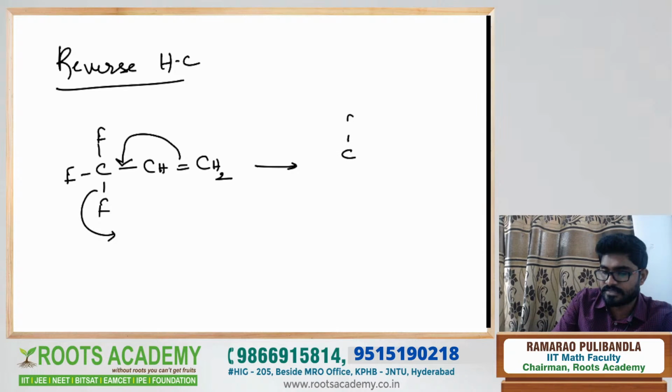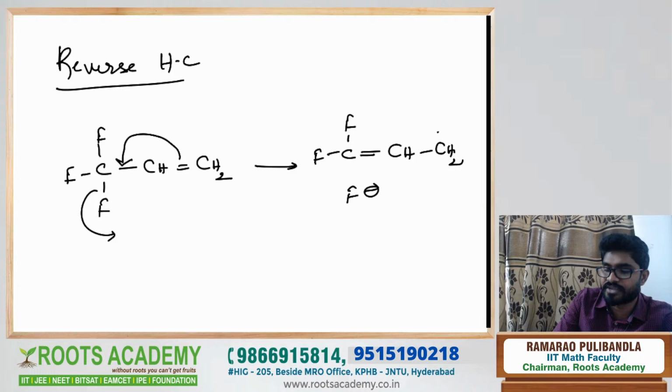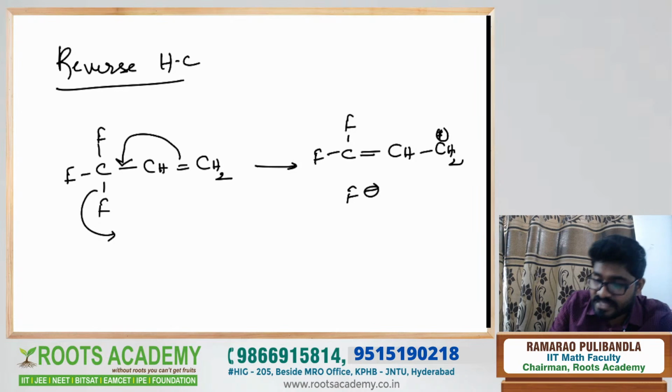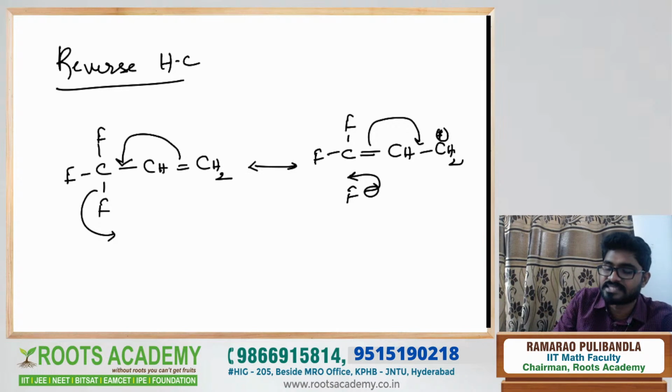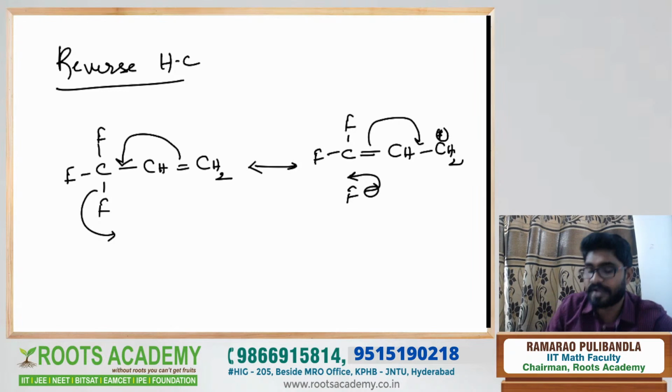So now it is becoming CF2 and F, it's becoming F minus, and here it is forming the double bond, CH2 plus. This is what we can get. Now again these electrons are coming back, these electrons are taken by that, we'll get back this structure again. So this is called reverse hyperconjugation because it has to give the electron cloud, but here it is taking in reverse. Can you tell me what kind of overlapping it is?